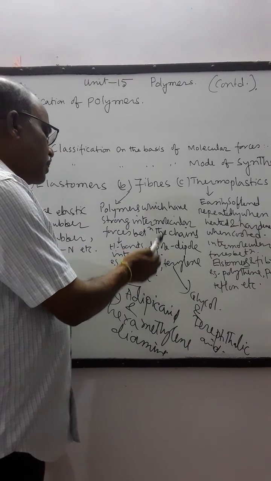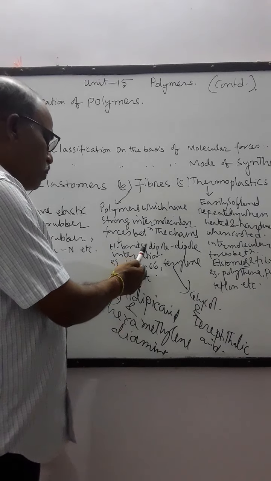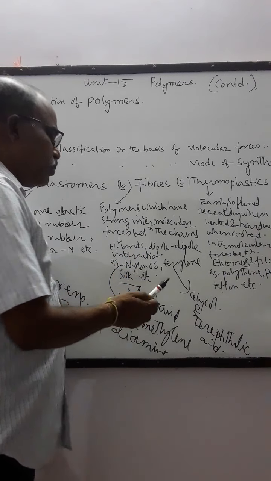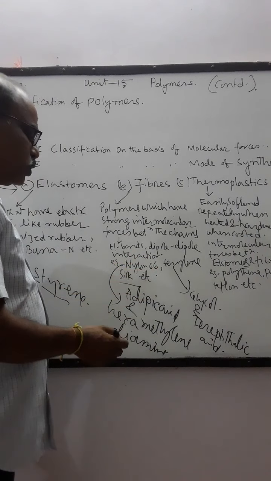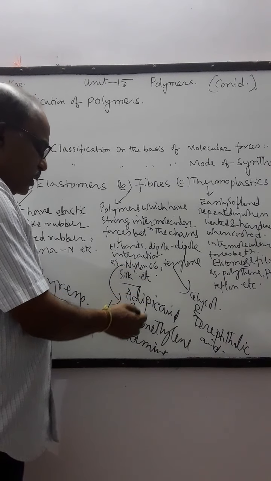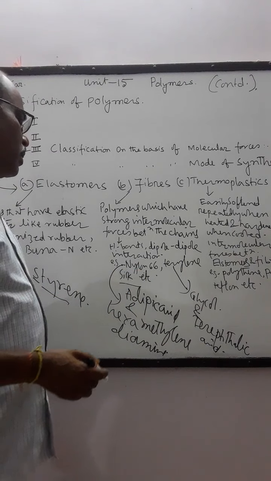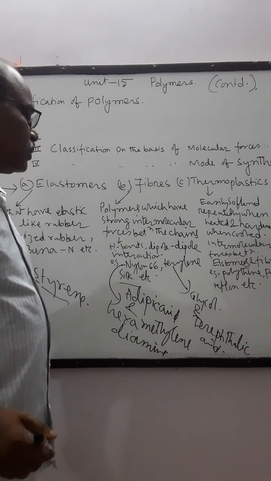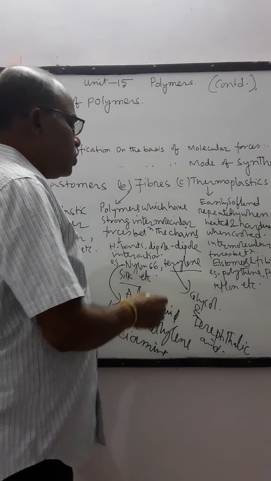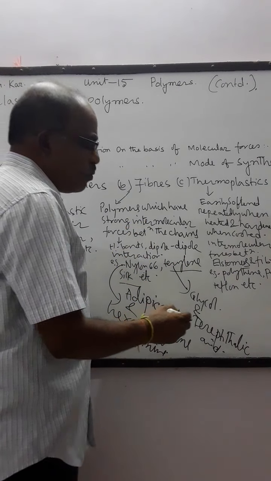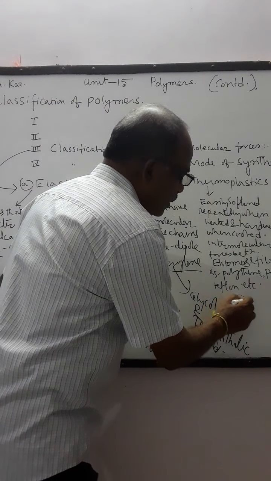Nylon 6,6 is a synthetic fiber formed from adipic acid and hexamethylene diamine. Why is it called nylon 6,6? Because both the monomers, adipic acid and hexamethylene diamine, contain 6 carbon atoms each. Third one is terylene, which is also a fiber formed from glycol or ethylene glycol.